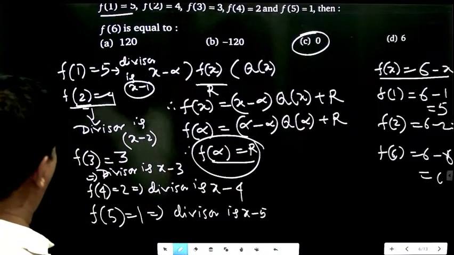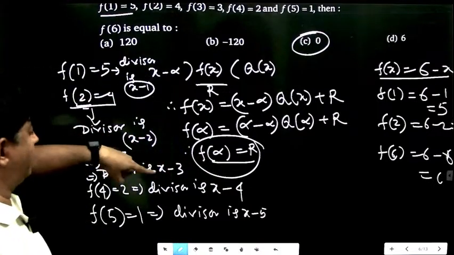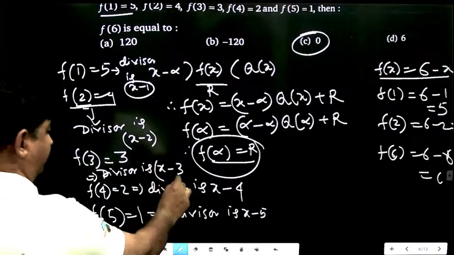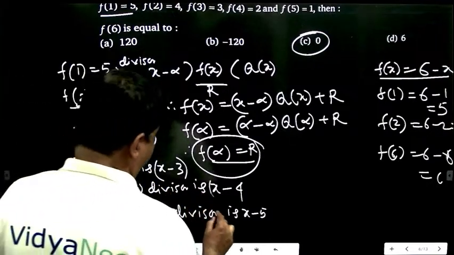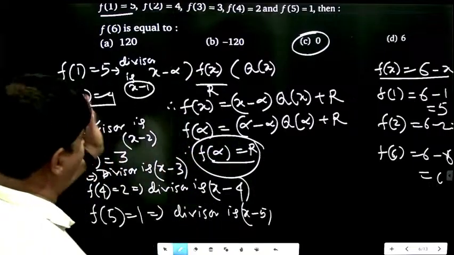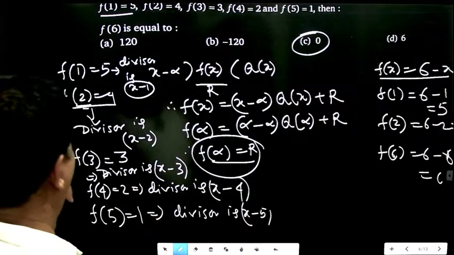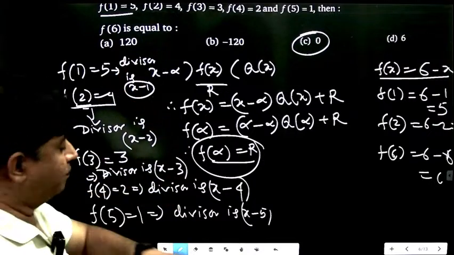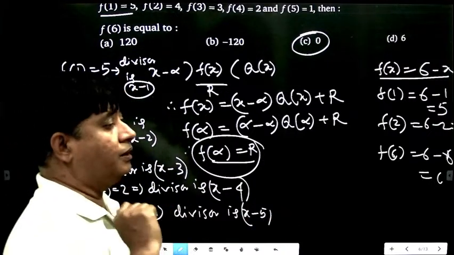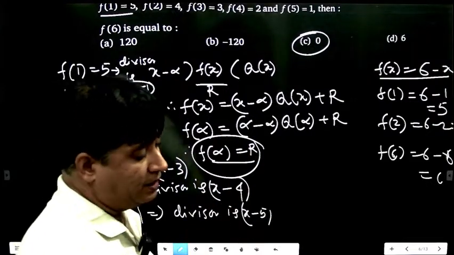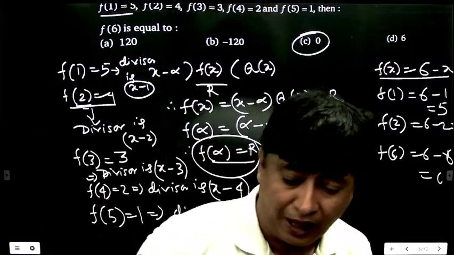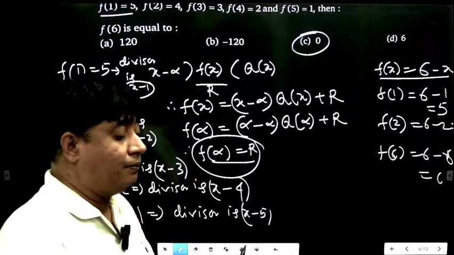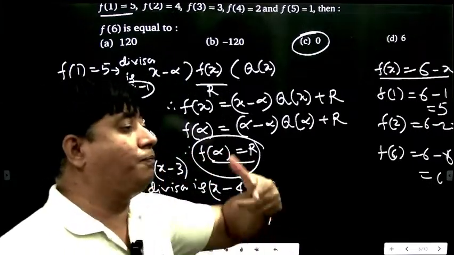So, how many? X minus 1, x minus 2, x minus 3, x minus 4, x minus 5. There are 5 divisors. You can divide fx by these 5 divisors. Like, 10 is a number, you can divide it by 2 as well as 5. So 10 can be divided by 2 and 5 both. Yes or no?